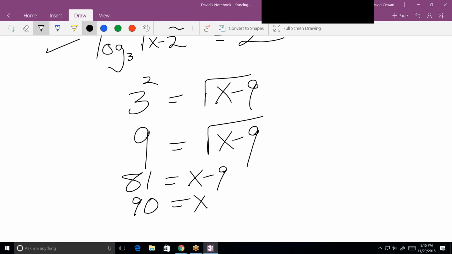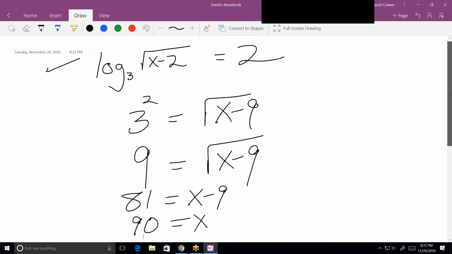When I squared both sides, 9 squared is 81. This squared is x minus 9. Whenever you square the square root of x, you get x. Right. In the original equation, it was x minus 2. What did I do wrong? Excuse me. Sorry.